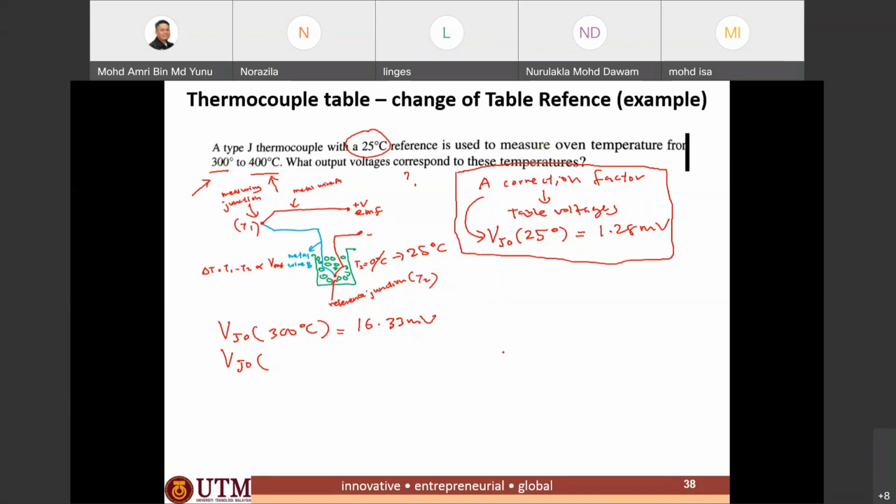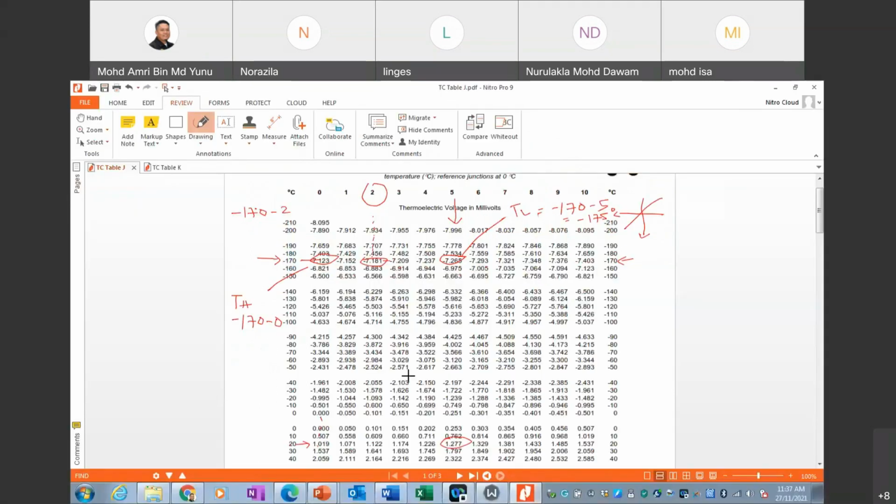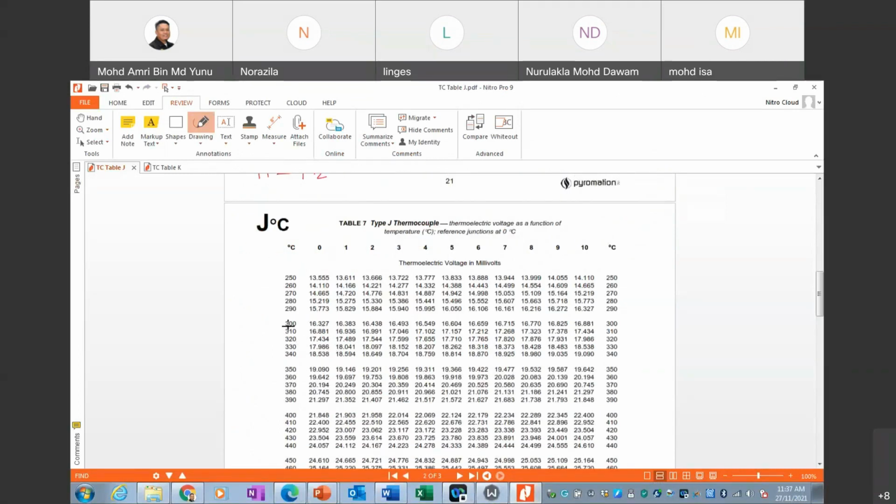Let's go through it again. Let's say 300 degrees Celsius. Go to the table, 300, go down to 30 this way, and then plus 0 this way.